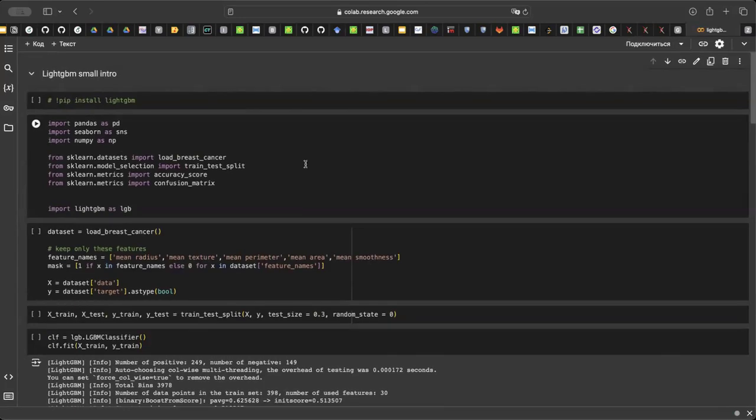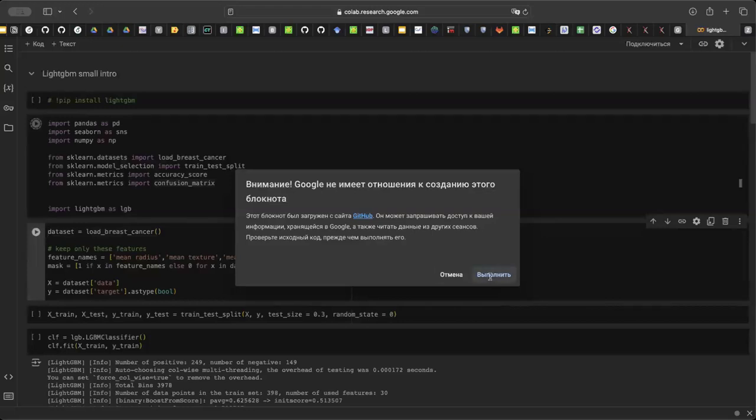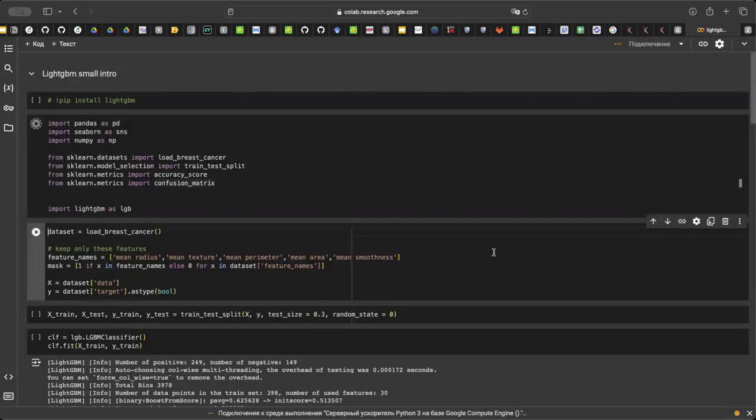Can you see the LightGBM notebook? Guys? Yes. Okay, great. So LightGBM doesn't have that much functionality as CatBoost does.